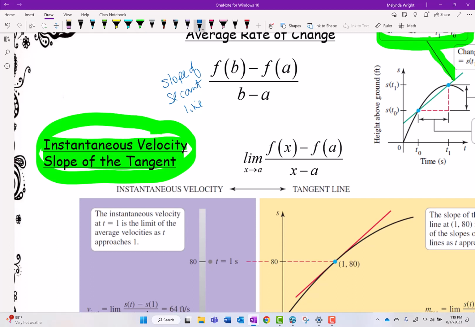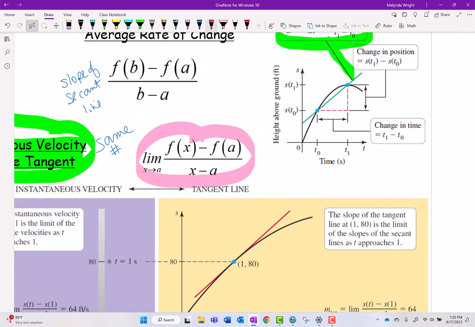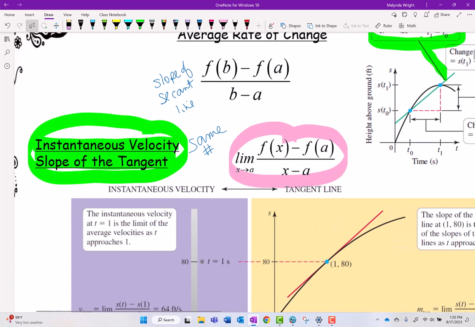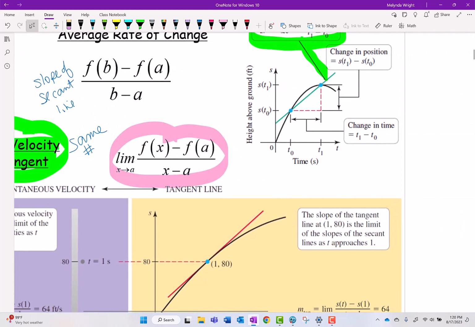So I'm just going to write that out. The slope of the tangent line would be the same as the instantaneous velocity at that point in time. And this is the formula that we use right here to calculate the instantaneous velocity or slope of the tangent line.